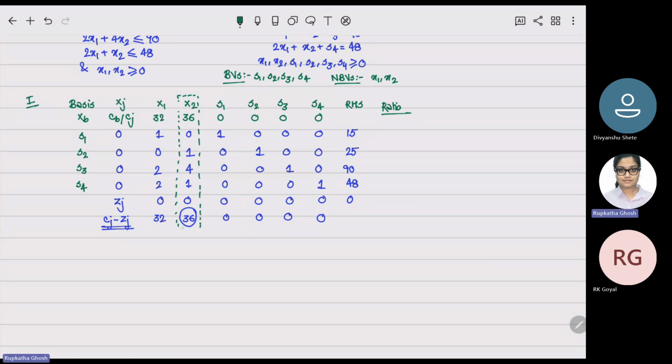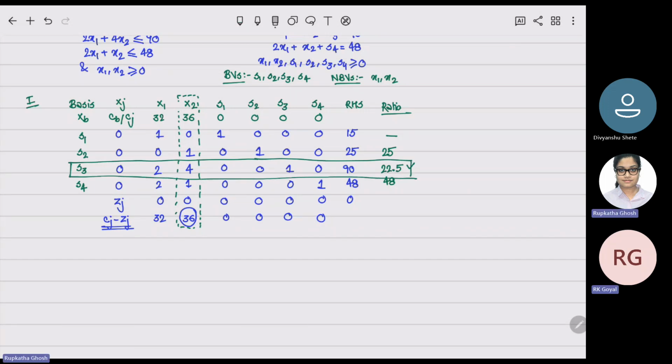So 15 by 0 does not make any sense, so blank. 25 by 1 is 25. 90 by 4 is how much? 22.5. And this is 48. So which is the lowest ratio, minimum ratio? 22.5. So we will select this row.